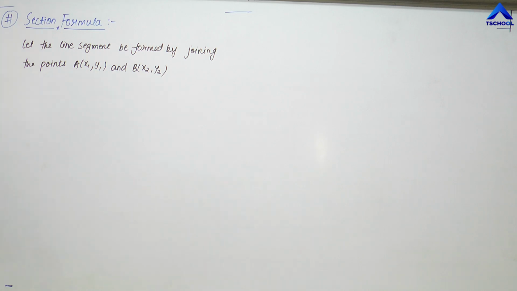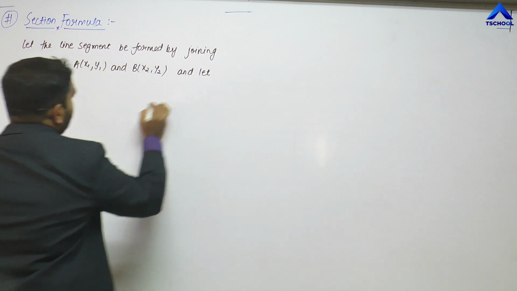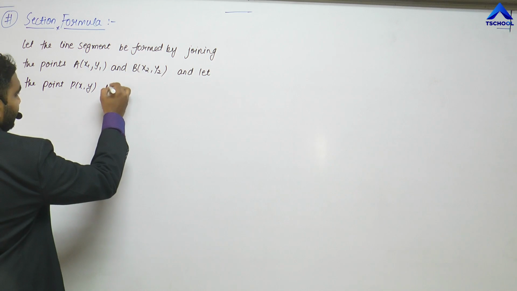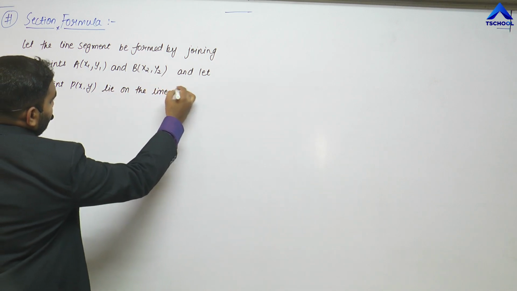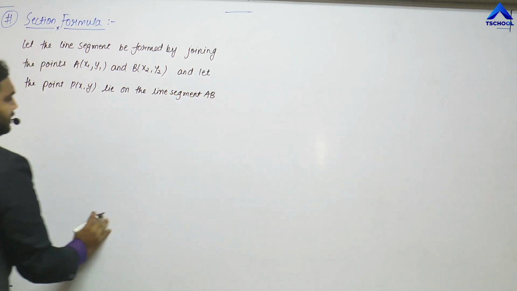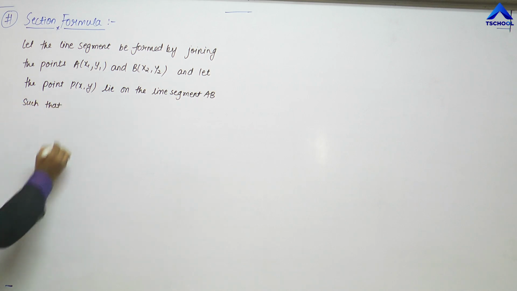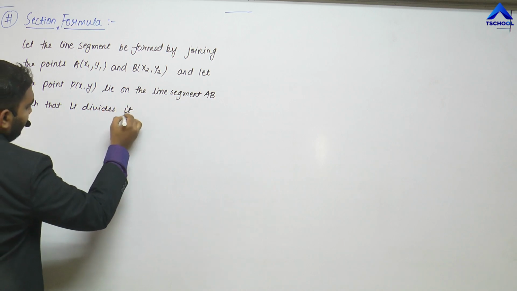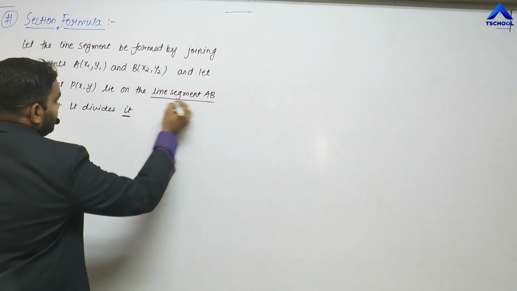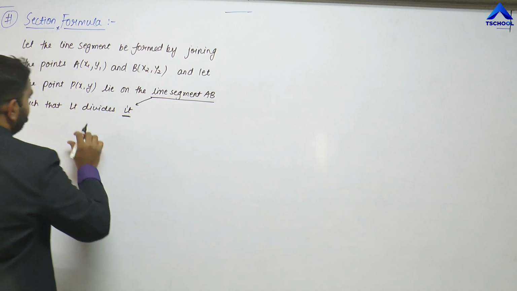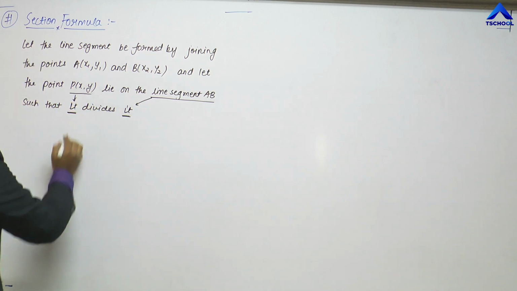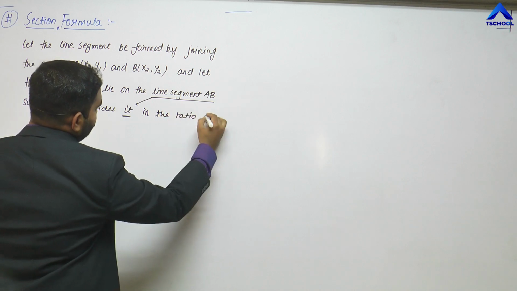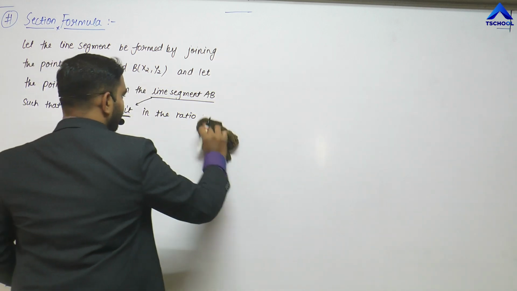And let the point P (x, y) lie on the line segment AB such that this point P (x, y) divides the line segment AB in the ratio m1 is to m2, or m1 upon m2, right?